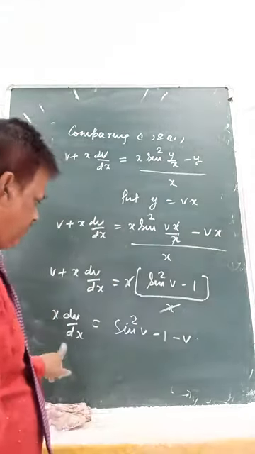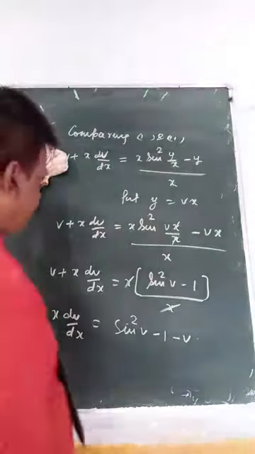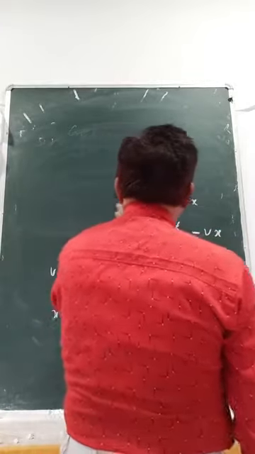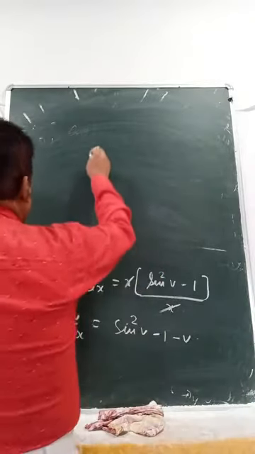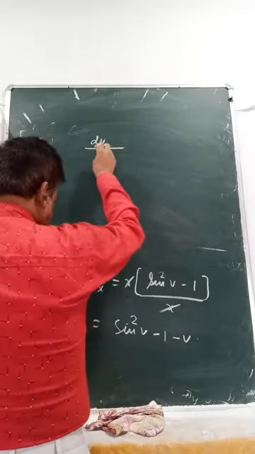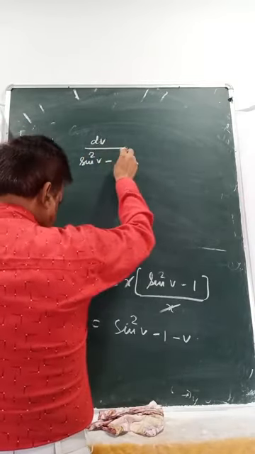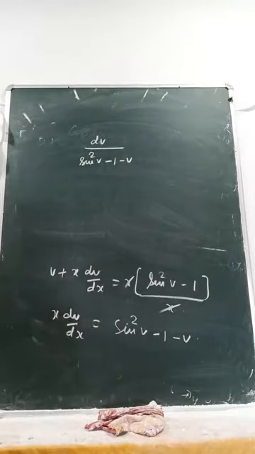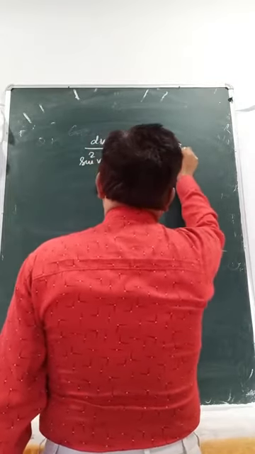This has to come down. So how to integrate? This will come down: dv by sin square v minus 1 minus v equals dx by x.